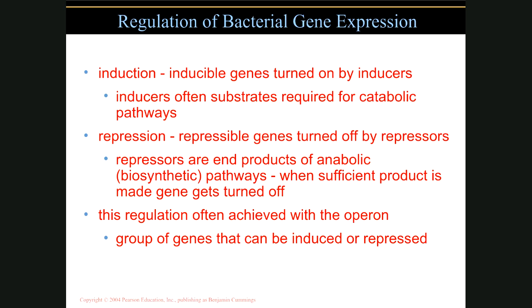But when it comes to gene regulation, bacteria and other prokaryotes use the operon. And so operons are almost exclusively found in prokaryotes. There are some examples in yeasts, which are eukaryotic single-cell microorganisms, but us and other complex organisms, we don't use operons.